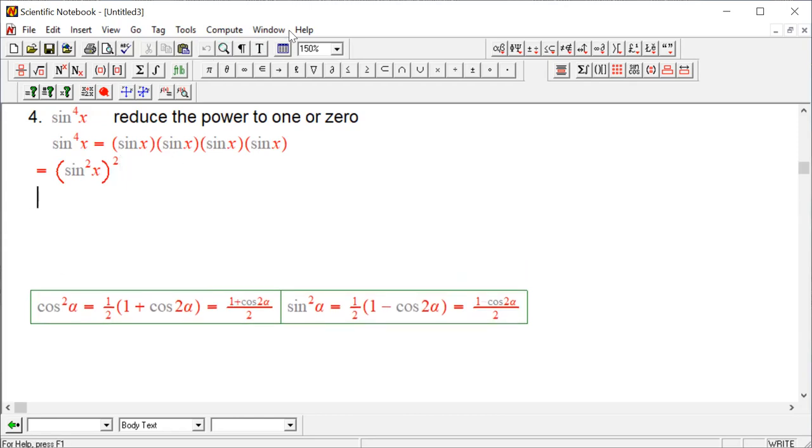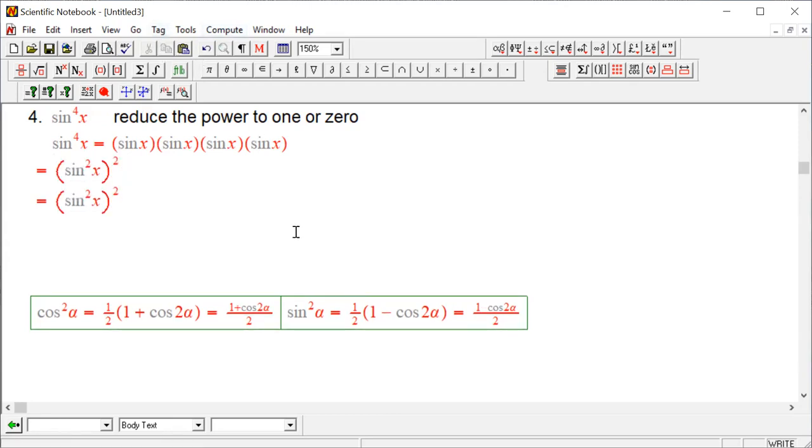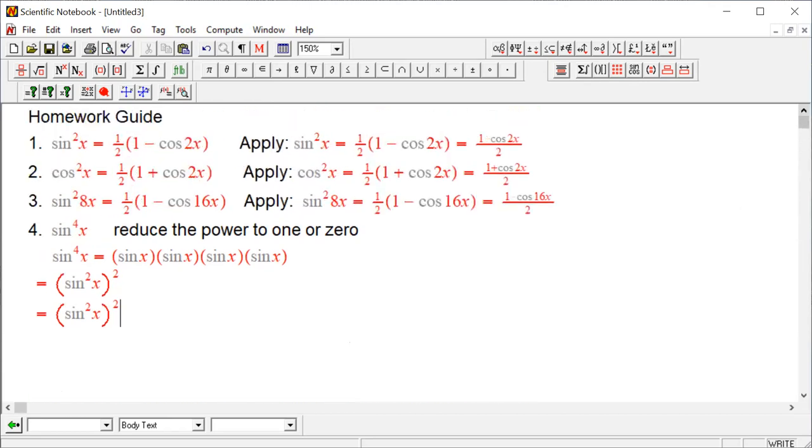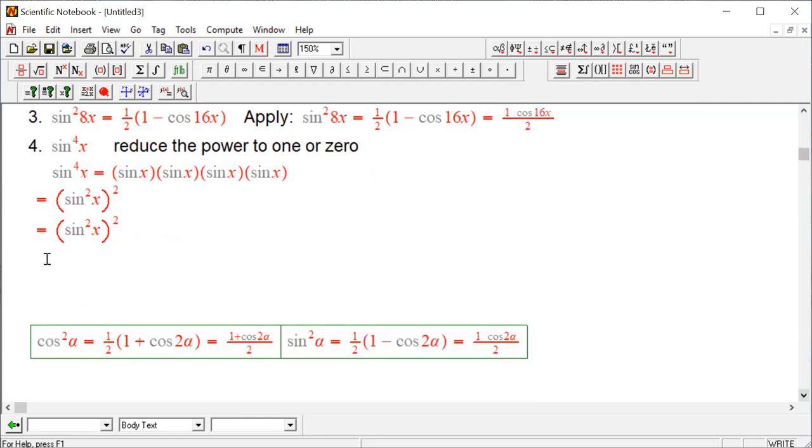And the inside, sine squared of x, can be replaced by one of these, which we did earlier. Sine squared of x equals this. So that will have the reduction of power. So we're gradually reducing the power.